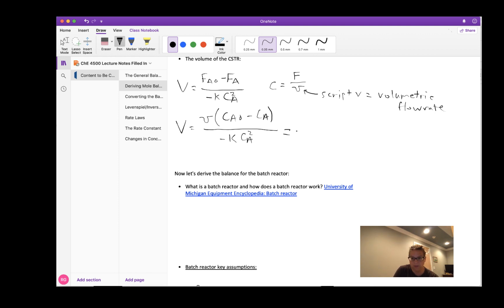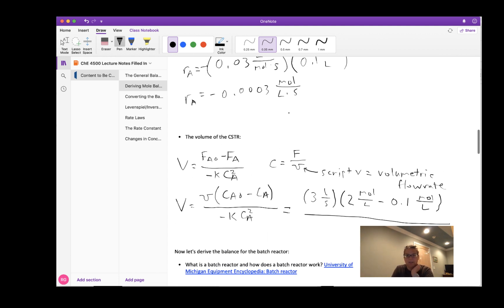So V is equal to the volumetric flow rate, 3 liters per second, times our concentration difference. We had 2 moles per liter minus 0.1 moles per liter, divided by our reaction rate, which we know from above. Our reaction rate is equal to minus 0.0003 moles per liter per second.